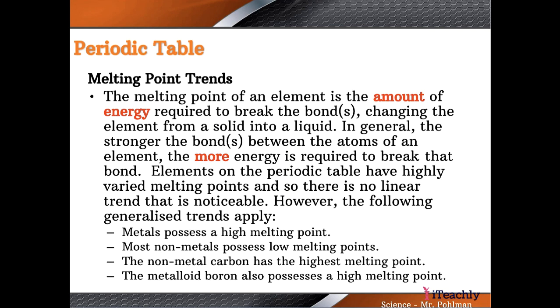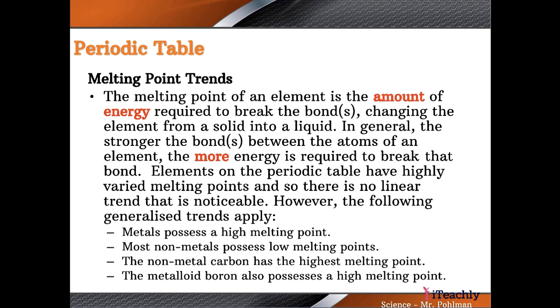Melting points: what we're looking at here is more or less the amount of energy needed to break the bonds in order to have a phase change from a solid to a liquid. In general, the stronger the bonds between atoms, the more energy is needed to break those. But when we're looking at general trends, there isn't any noticeable one.